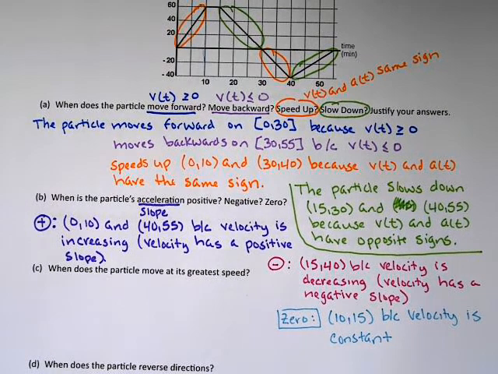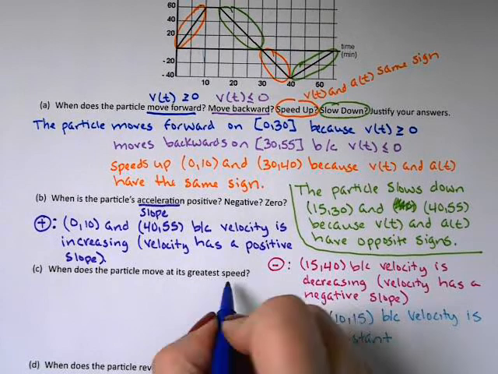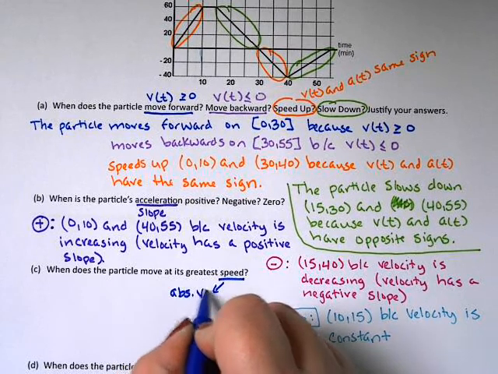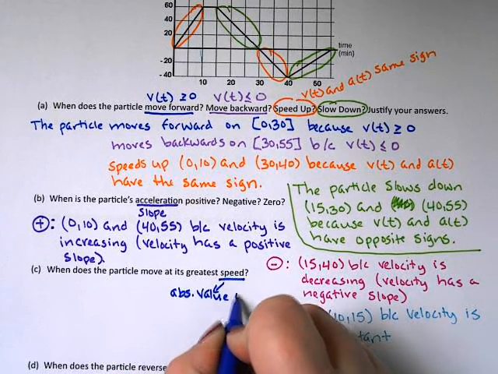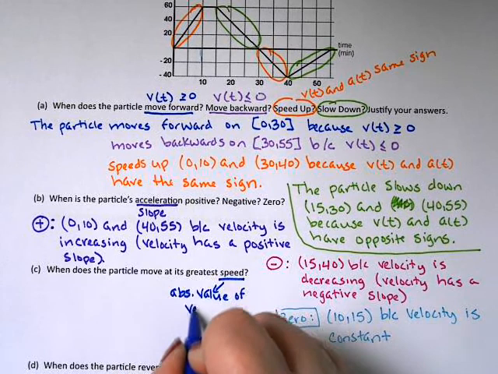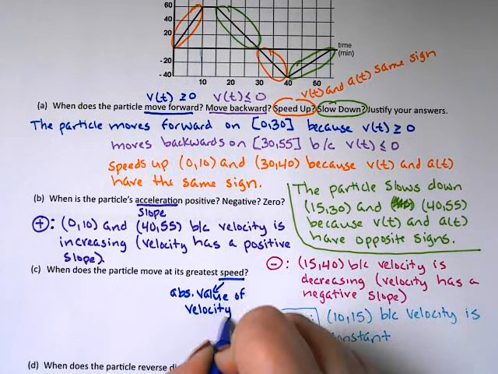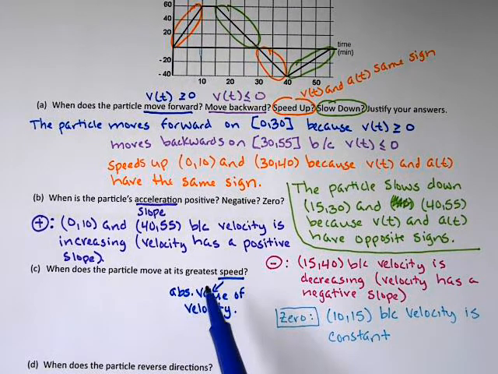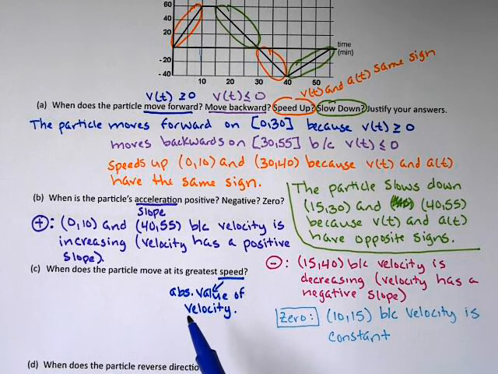All right. When does the particle move at its greatest speed? We know that speed really means the absolute value of velocity. So if we give you a velocity graph and we're asking you for the greatest speed, you really just need to look at the minimum and the maximum and pick the bigger one regardless of the sign.